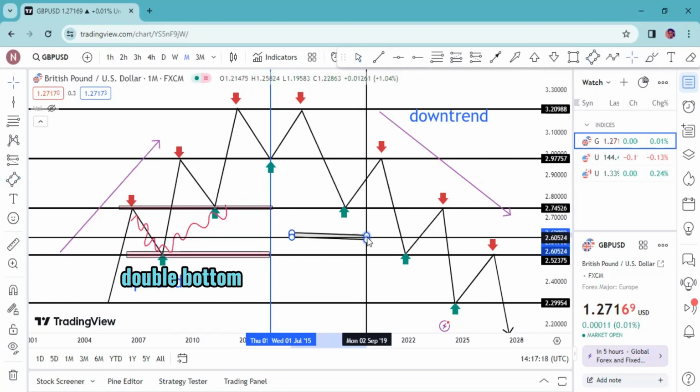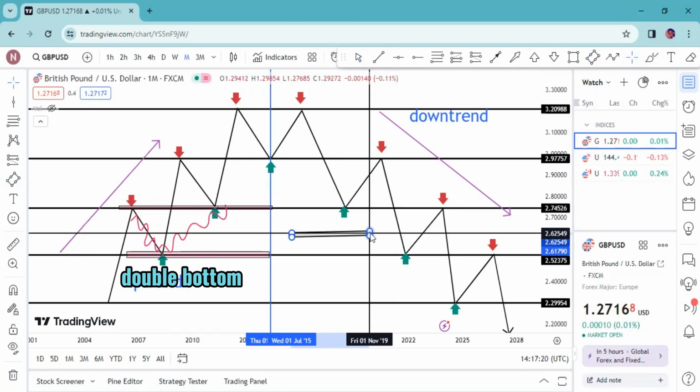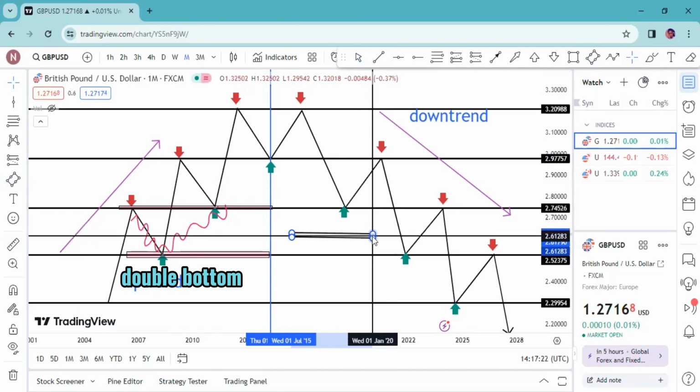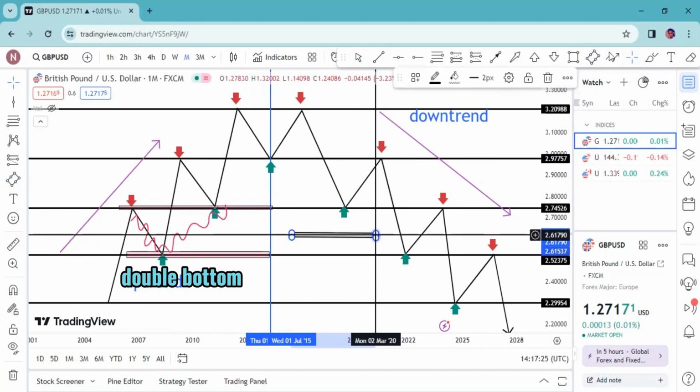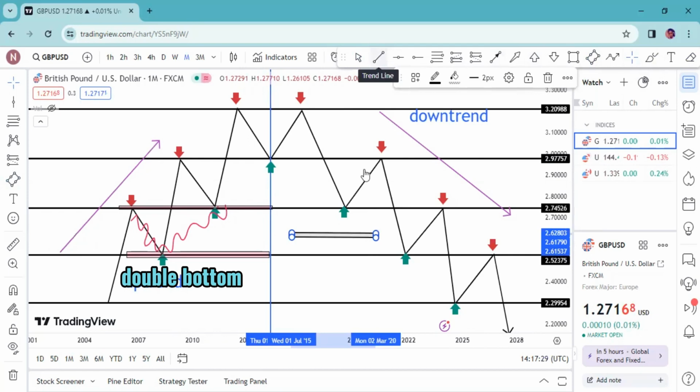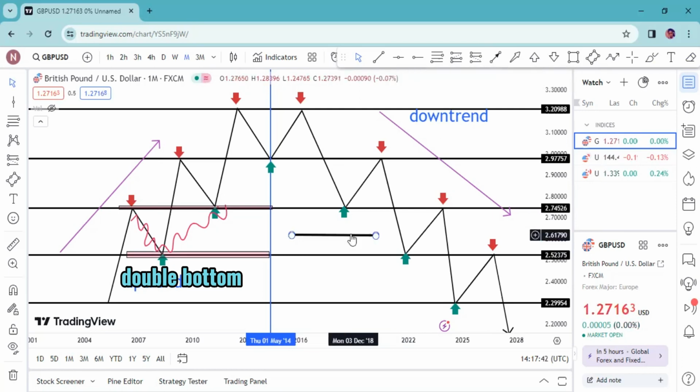Yeah, that's okay. I want something small. Yeah, that's fine, something small like that.